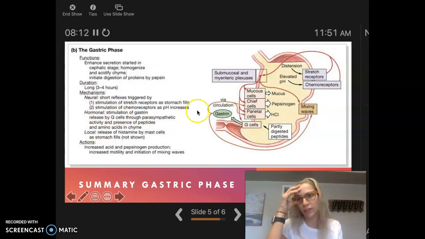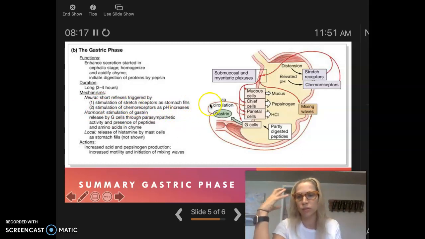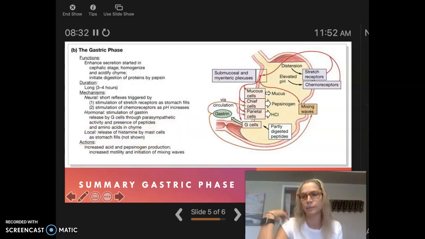The neural reflexes are short reflexes triggered by the stimulation of stretch receptors when the stomach fills up, and stimulation by chemoreceptors when the pH increases. The hormonal is the stimulation of gastrin released by G cells through parasympathetic activity and the presence of peptides and amino acids in the chyme.